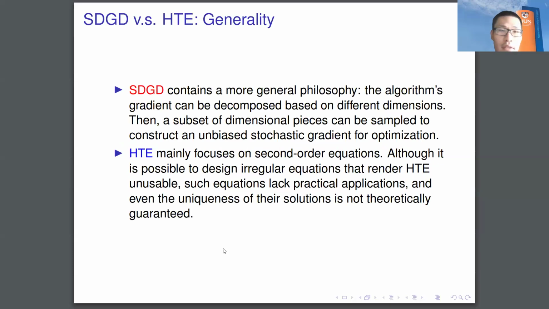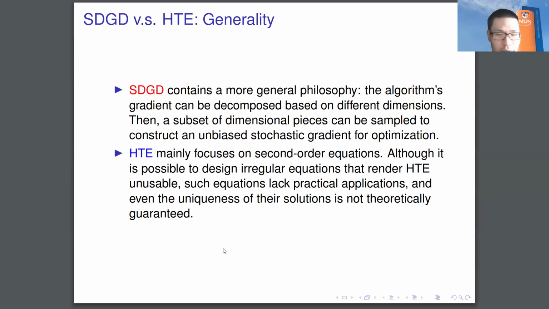And also, I would like to compare the generality, because they are separate papers. I would like to say that SDGD actually contains a more general philosophy. If we encounter a future high-dimensional problem, the key observation is that we can decompose the gradient or the optimization of the algorithm into dimension pieces, and then we can sample part of the dimensions for the update.